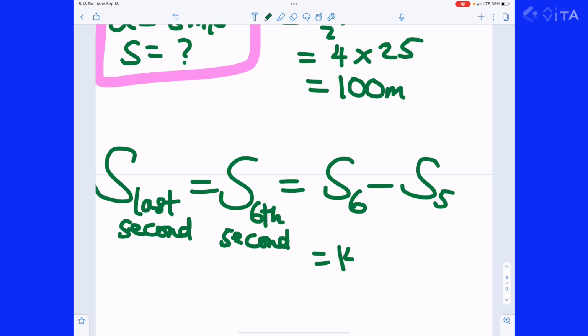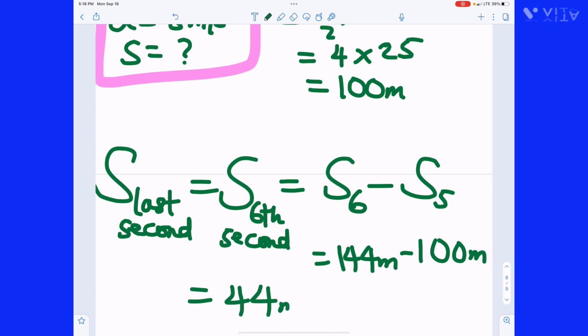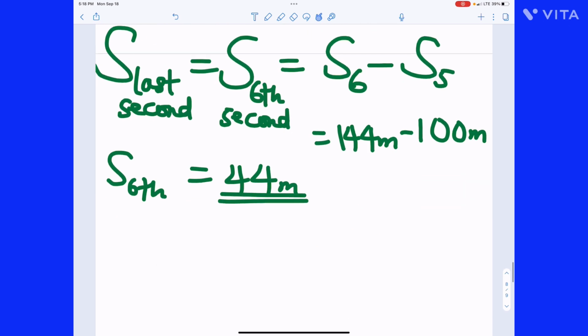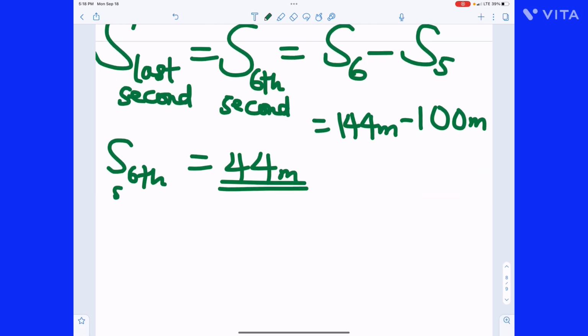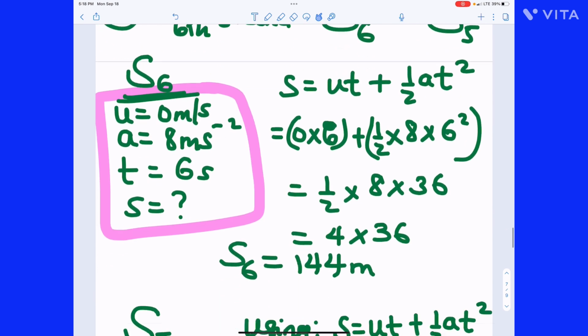So that gives us 144 meters minus 100 meters. And that's 44 meters. So distance traveled in the 6th second is 44 meters. That ends question 7.